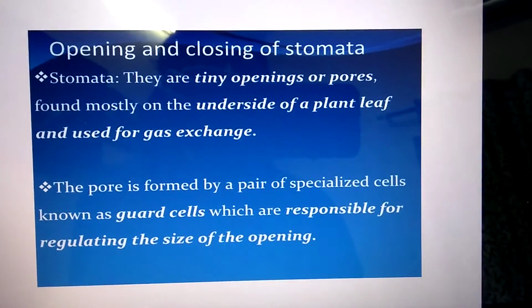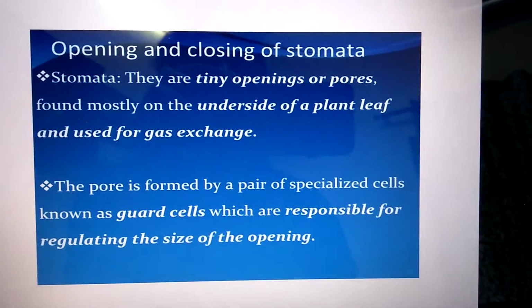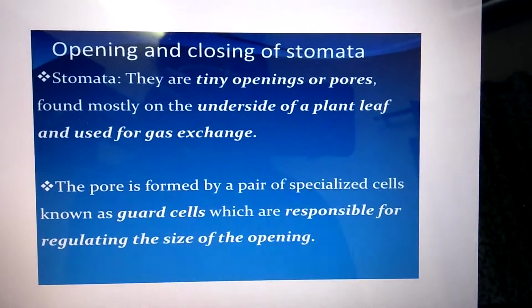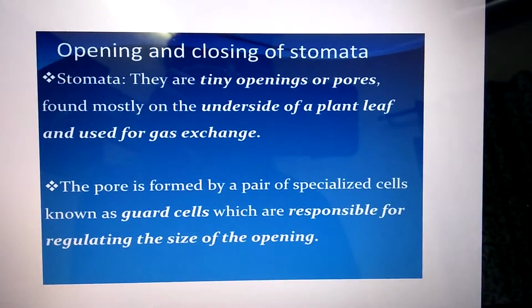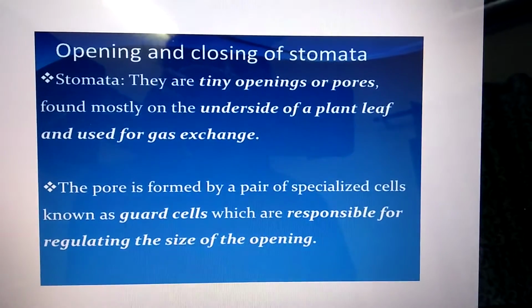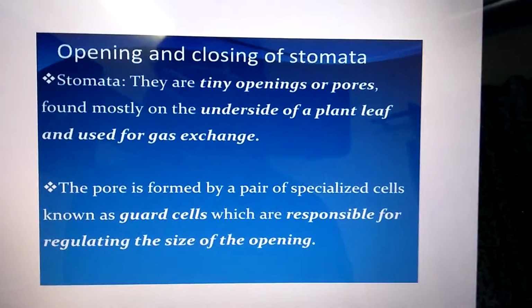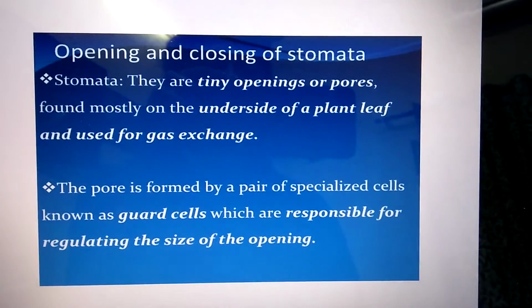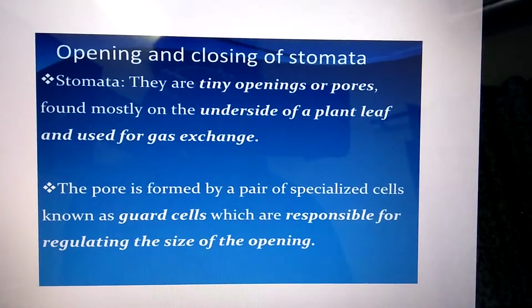Now these pores are guarded by a pair of specialized cells, called guard cells. ठीक है, guard cells कहते हैं, and these specialized cells guarding the pores are responsible for regulating the size of the opening of the pore. Okay.